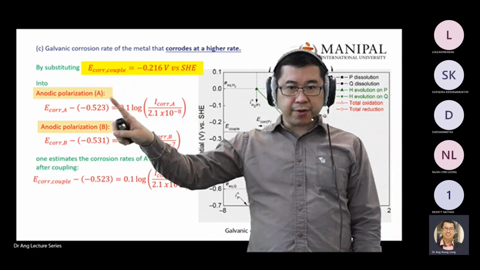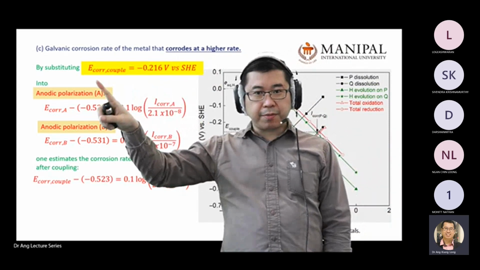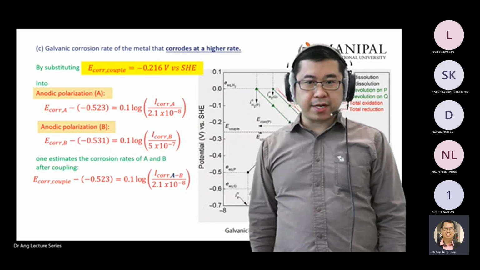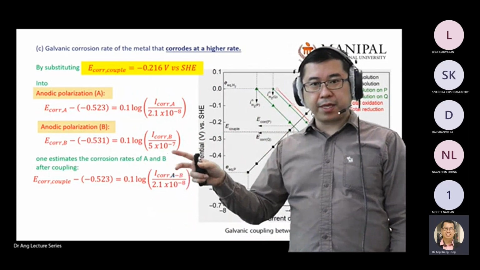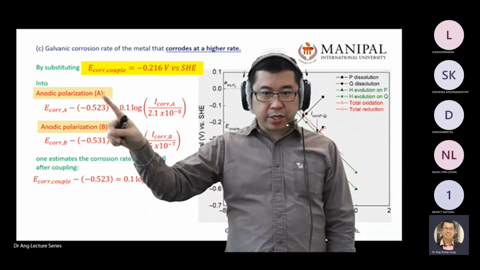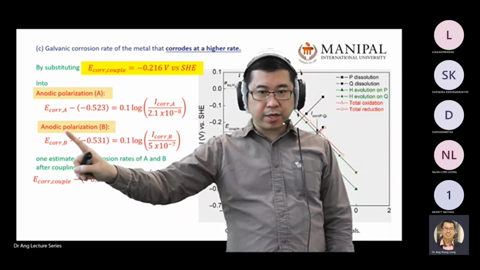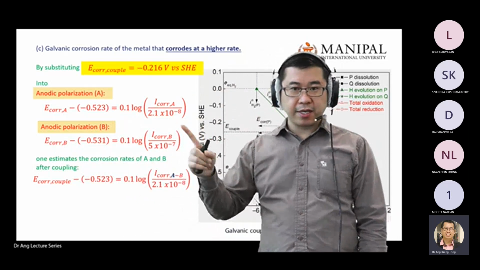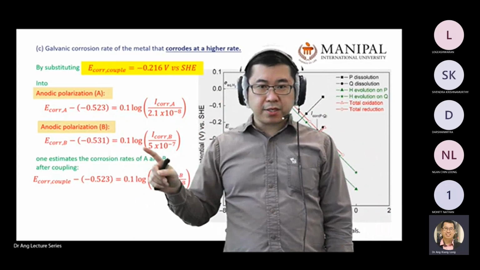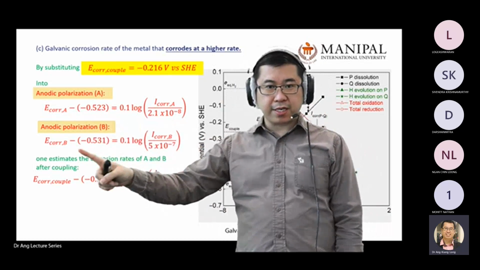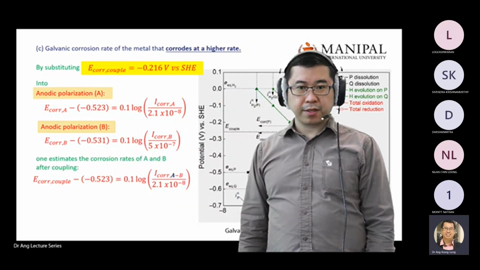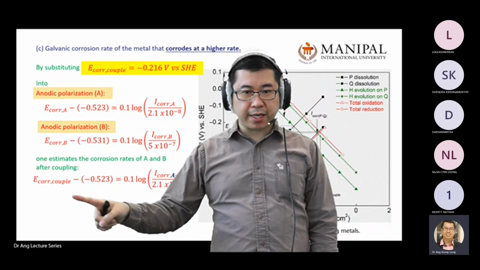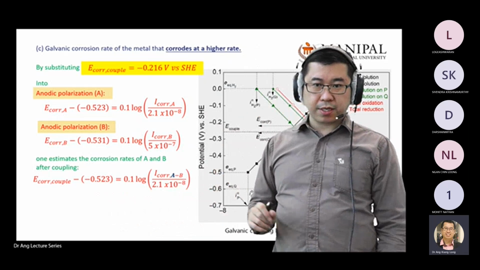So before you substitute, you have two metals, two anodic processes, right? You have metal A, metal B. Anodic polarization, you have one equation for A. Anodic polarization B, you have one equation for B, right? Just now in section A, you calculated A and B. So this is the A1, this is the B1. So you can estimate the corrosion rate of A and B after coupling by using this equation.